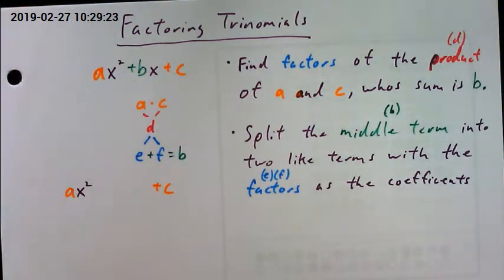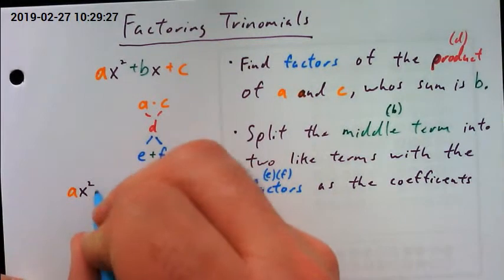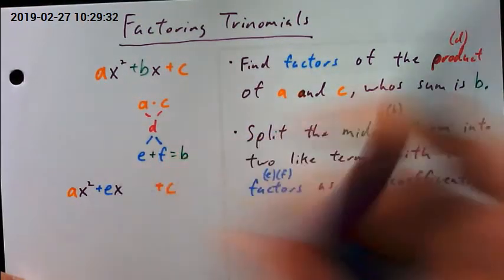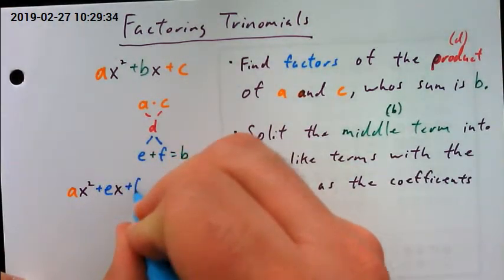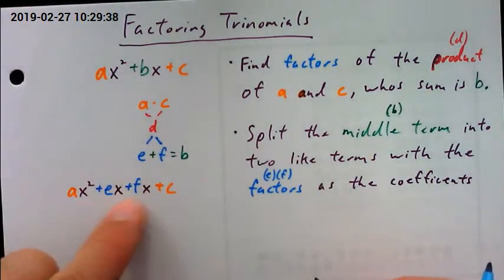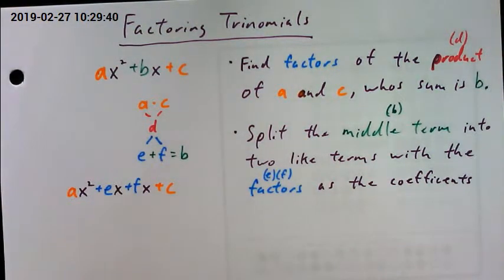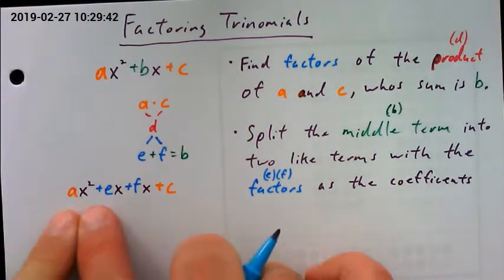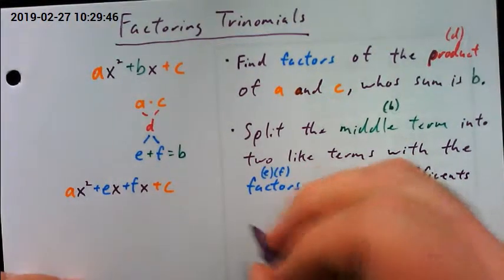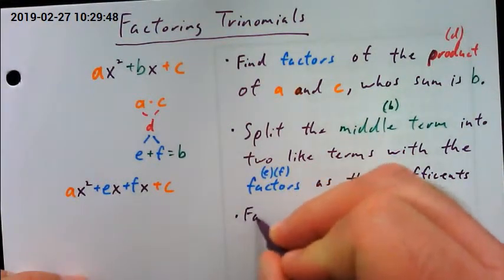We're going to have two terms in the middle instead of only one: plus E with our x value and plus F with our x value. So instead of having B, we now have two separate terms in the middle. Once we have four terms, we can do factoring by grouping.